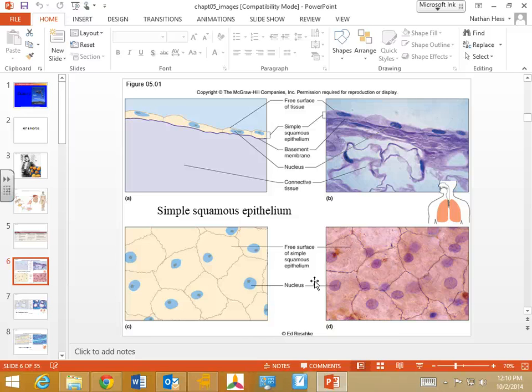I wouldn't think that they would have actually multiple nuclei. It could theoretically be two different layers of this squamous on top of each other. Because again, the pictures on the left are trying to tell you about the pictures on the right. It's like a diagram of the actual microscopic pictures. Okay.